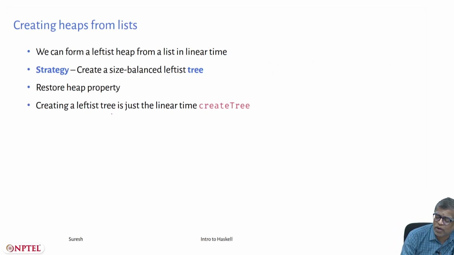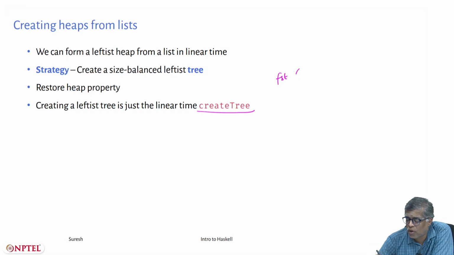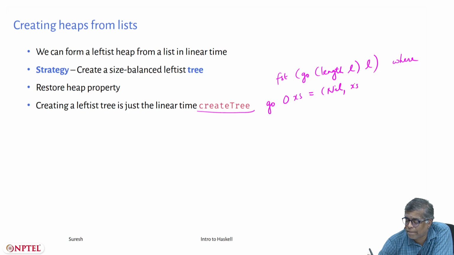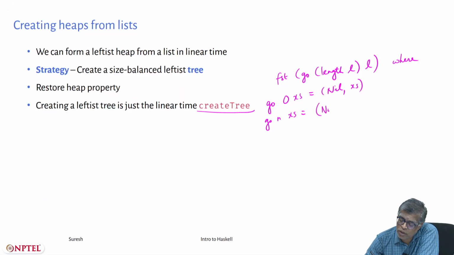So creating a leftist tree is just the linear time create tree that we have already seen. Just to recall, it is go of length L of L, where go 0 of xs is nil, and go n of xs is actually node, you have to say size n, and root is y, and you have left subtree and right subtree, where ys, zs come from xs.